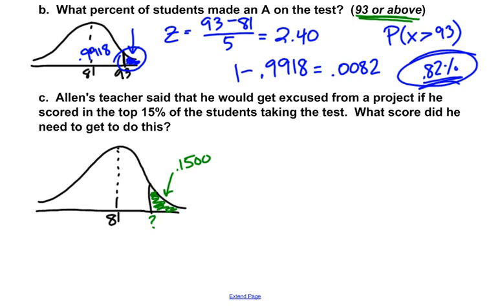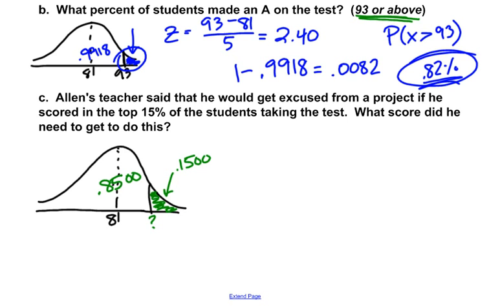In order to find that value, we're going to have to use the table. We know that 15% are above this score. We need to know what is below it, and of course, that would be 85%. So we know that 85% lies to the left of this score if 15% are above it.